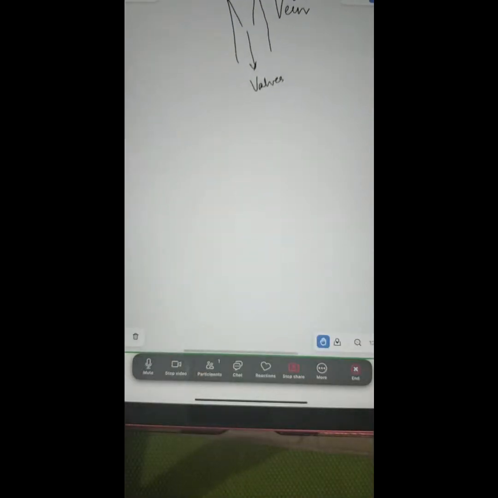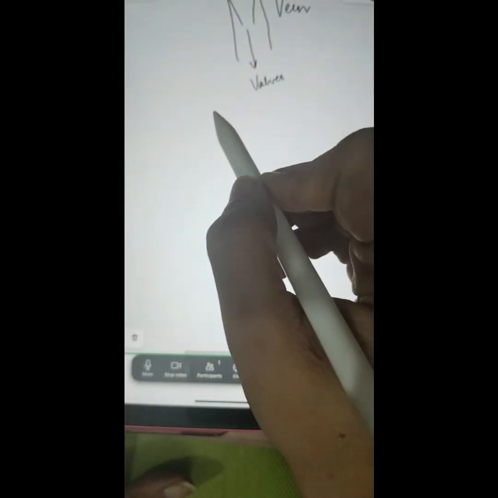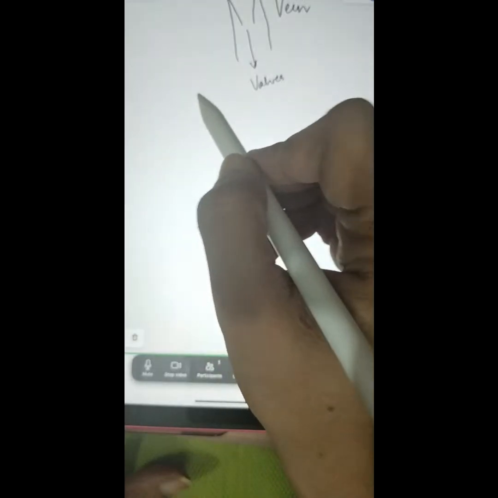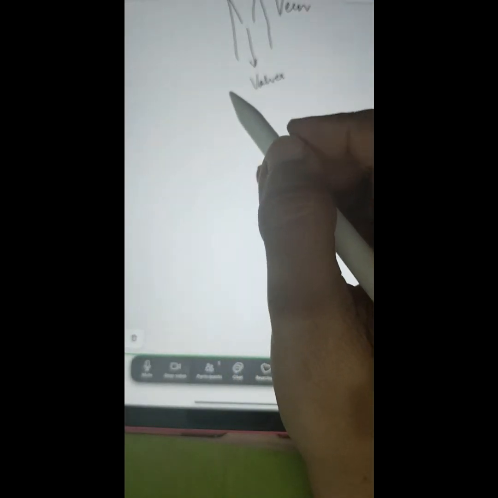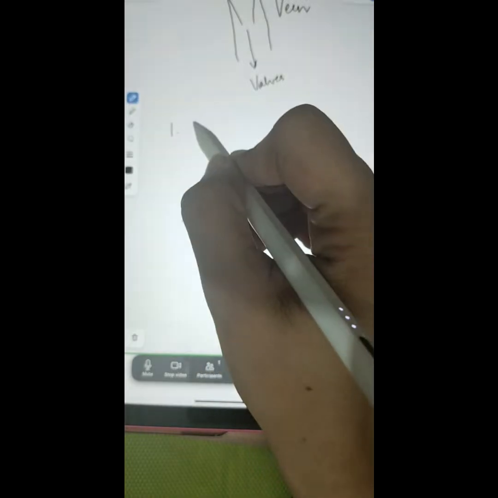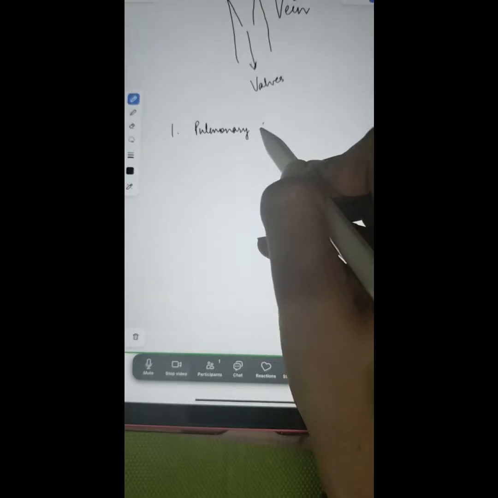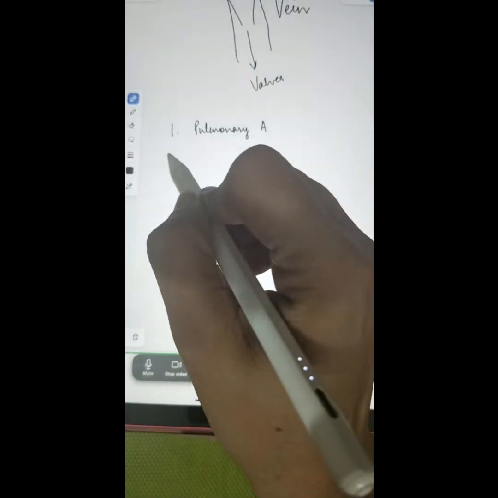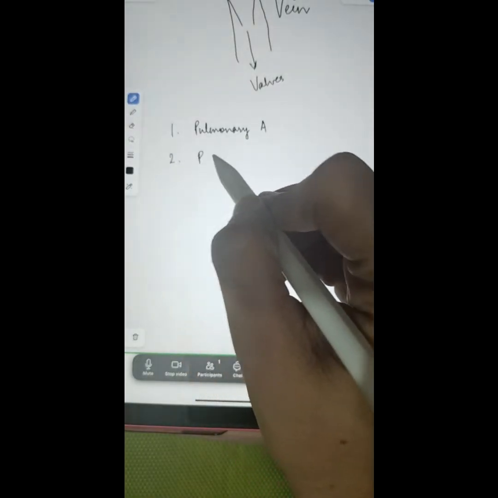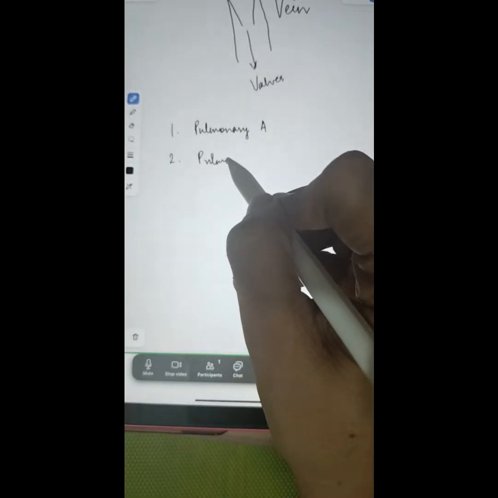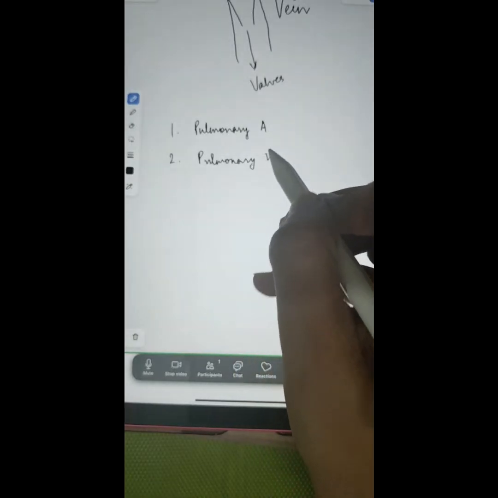Now, before we study the heart, we should know which blood vessels are there to proceed further. One is pulmonary artery, I'm writing A for artery. Another is pulmonary vein.